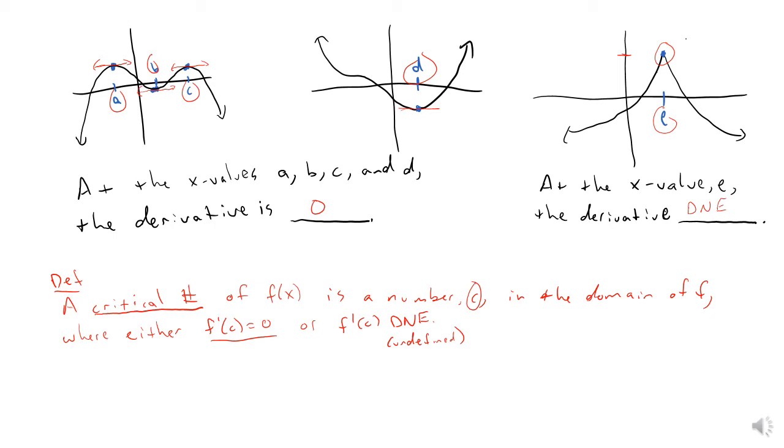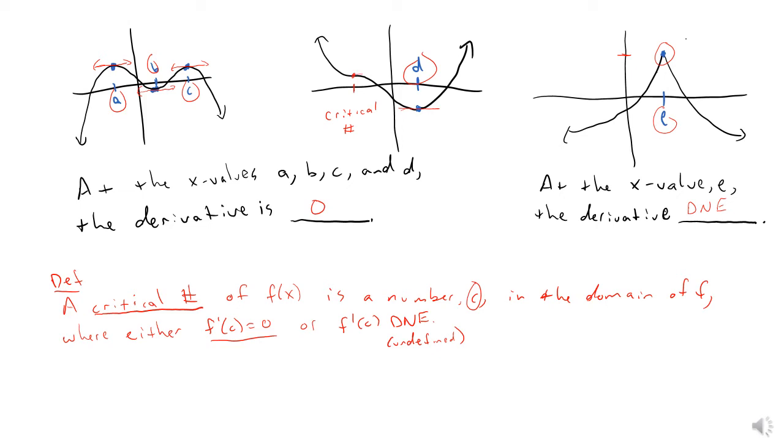So if you picked this x value right here, then you're correct. That x value is a critical number for that function. Okay, why is that x value a critical number? It's a critical number because if you look at the derivative at that point, the derivative is 0.